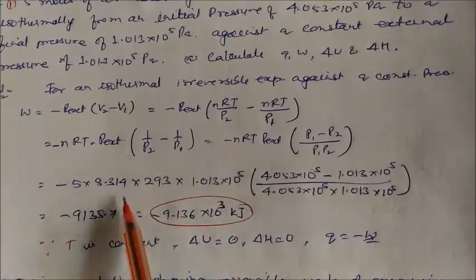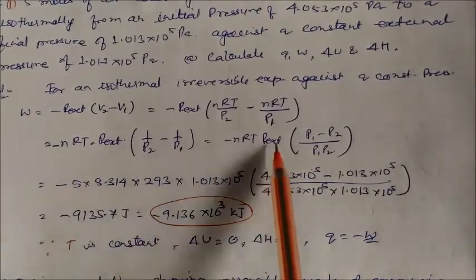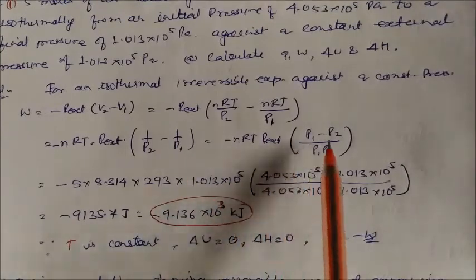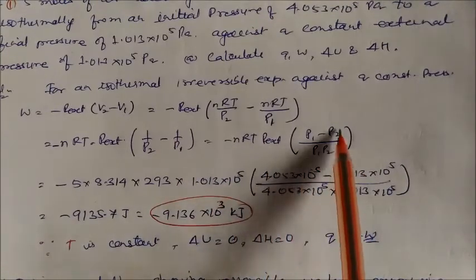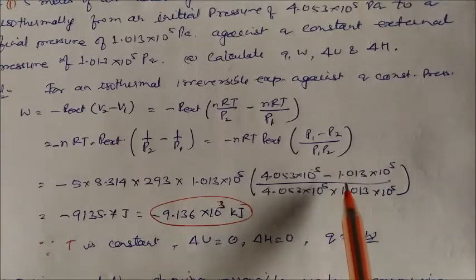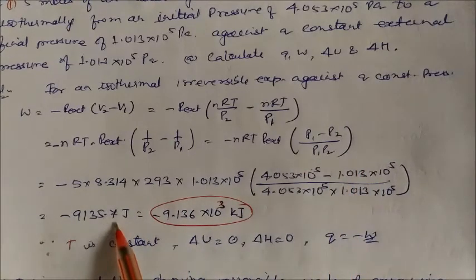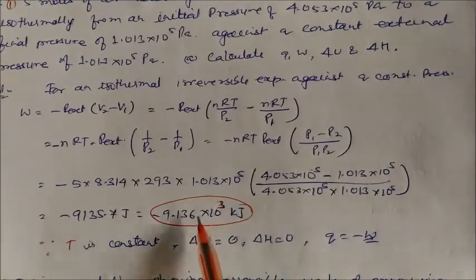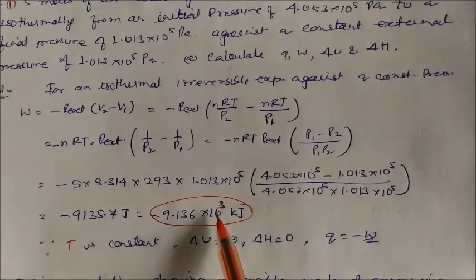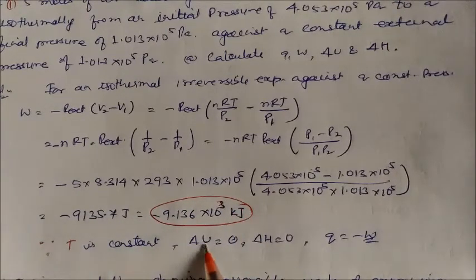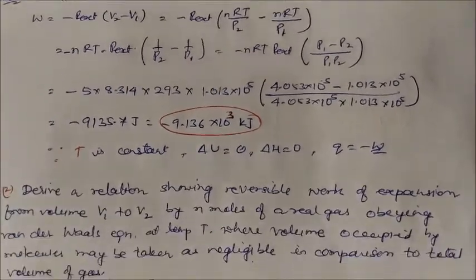N is 5, R is this much, T is 293, P external is this much pressure, P1 is given this much, and P2 is again the external pressure. If you solve it, you will get this value, which is minus 9.136 into 10 to the power 3 joules, that is kilojoules. Since T is constant, internal energy change is 0, delta H is 0, and Q is equal to minus W, which we have already seen in the theory.